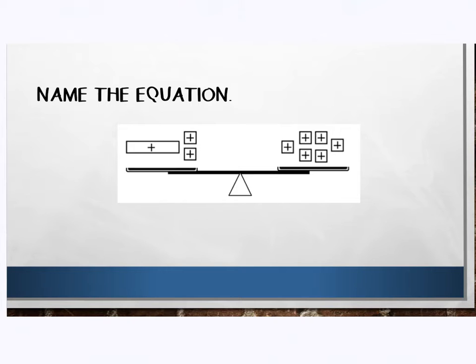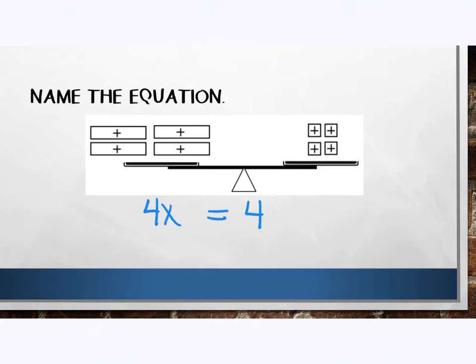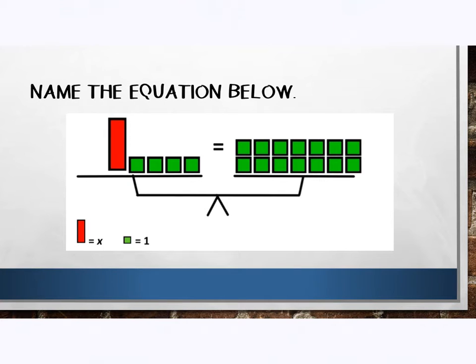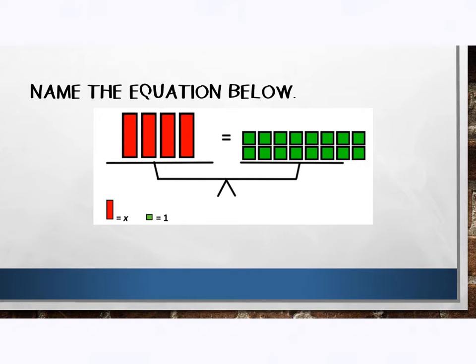If I was to write the equation that matches this model, I would write an X for the one rectangle, two positives, my equal sign, and then 6 on the other side. So X plus 2 equals 6. Here's another example, which would be read 4X equals 4. Here's another example, negative 4X equals 16.